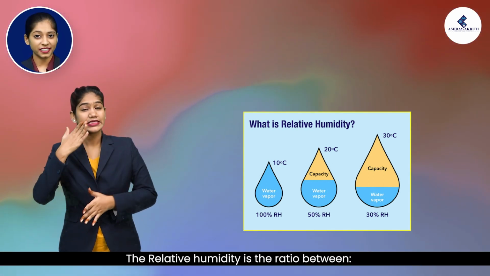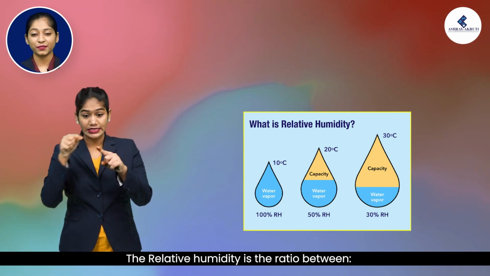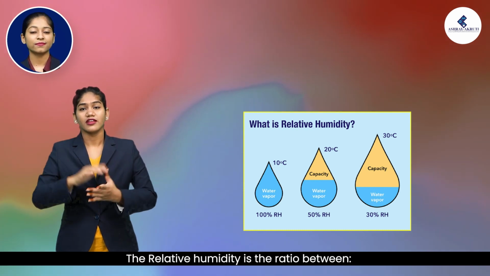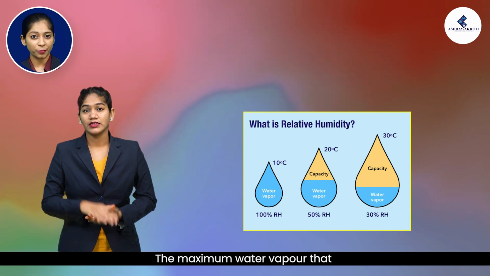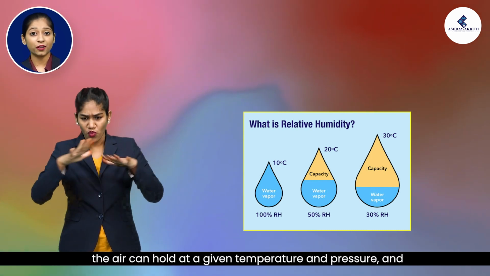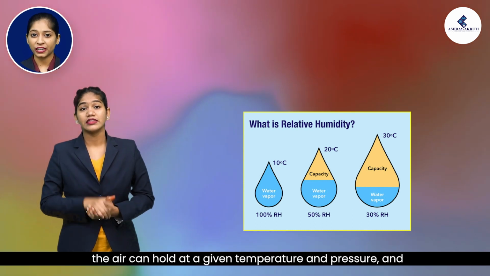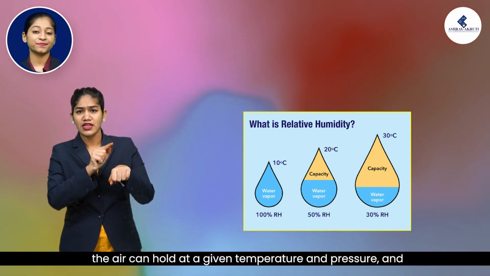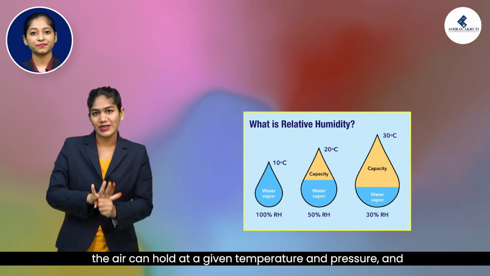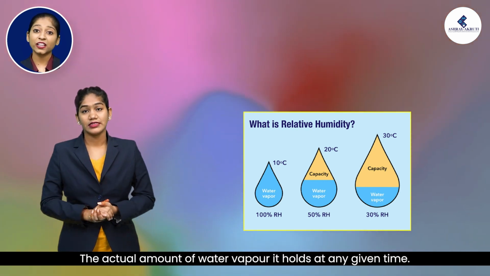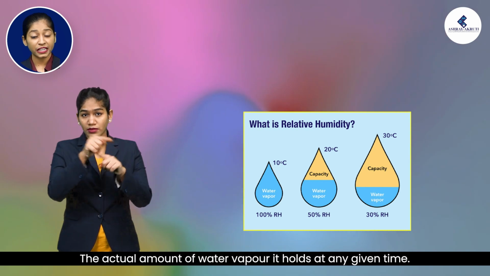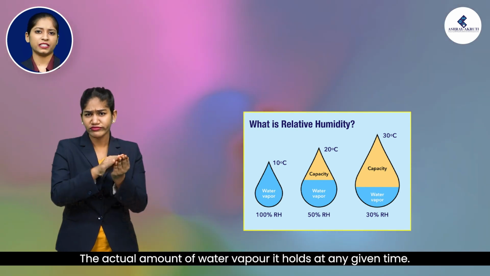The relative humidity is the ratio between the maximum water vapor that the air can hold at a given temperature and pressure and the actual amount of water vapor it holds at any given time.